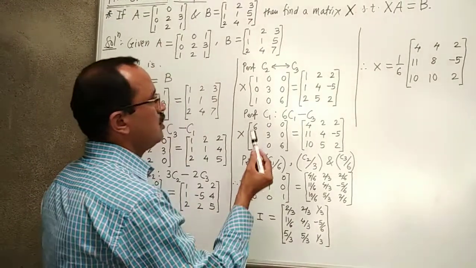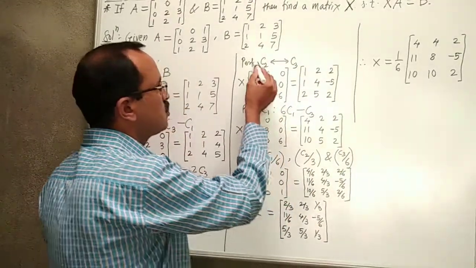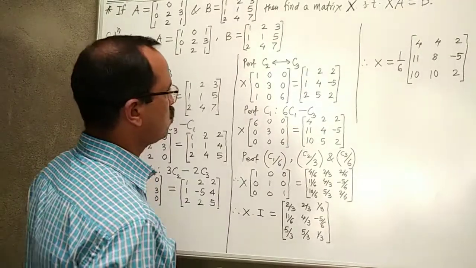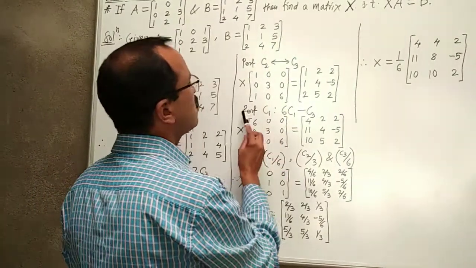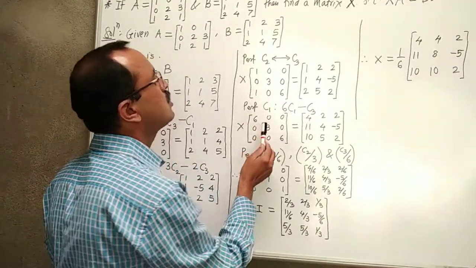The transformation is C1 such that 6C1 minus C3, so we get a new matrix.